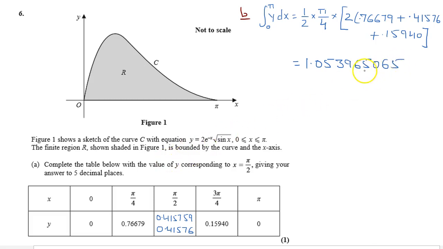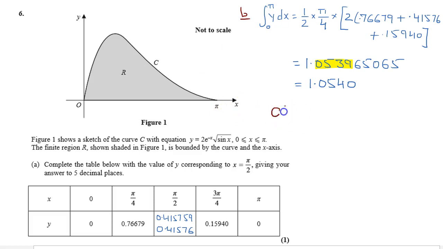Now we have to write this up to 4 places of decimals. So 1 2 3 4, the 4 places of decimal. This one is 9, so this one rounds up, so the answer will be 1.0540. So that is the answer of part B.